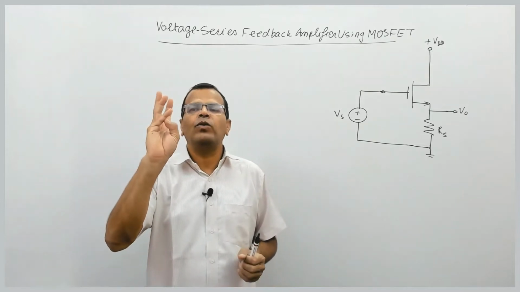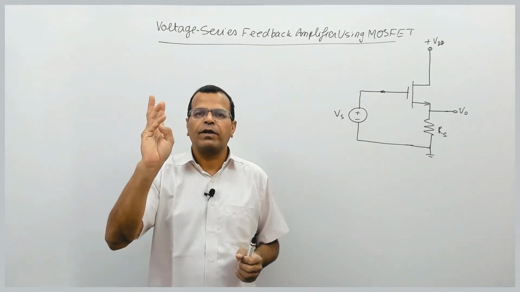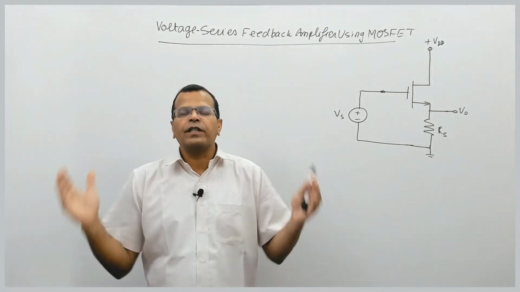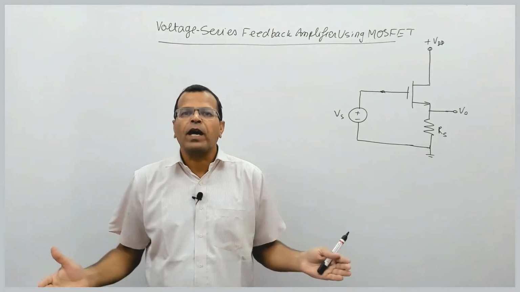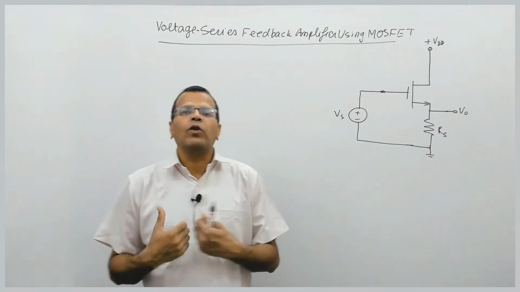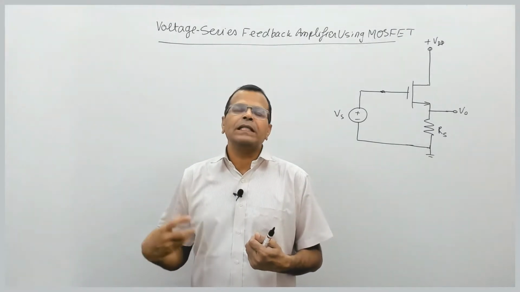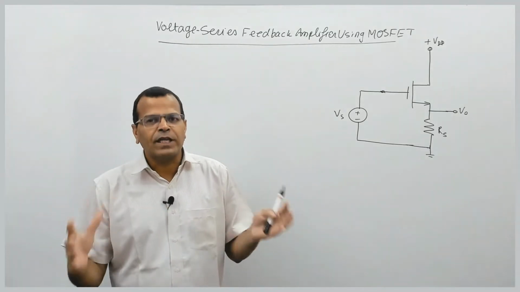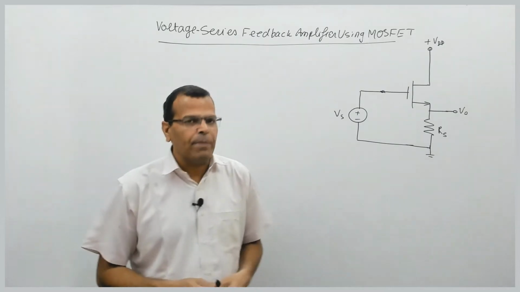Then we need to find the beta, the gain factor beta. Then we need to identify the input and output circuit of the amplifier without feedback loading. And finally, we need to draw the circuit without feedback loading and replace the BJT or MOSFET by its small signal model. These are some of the steps which are used for analysis of the amplifier.